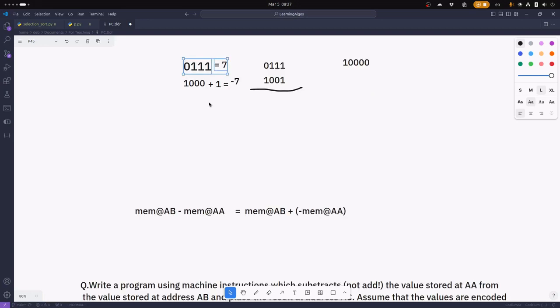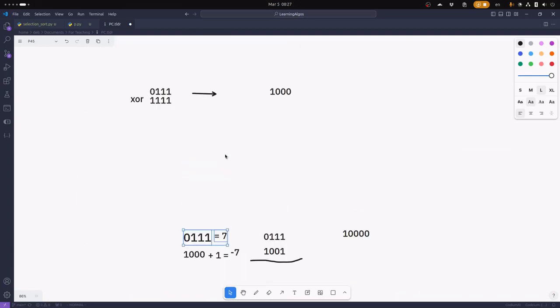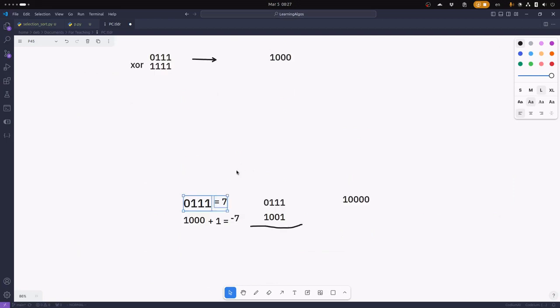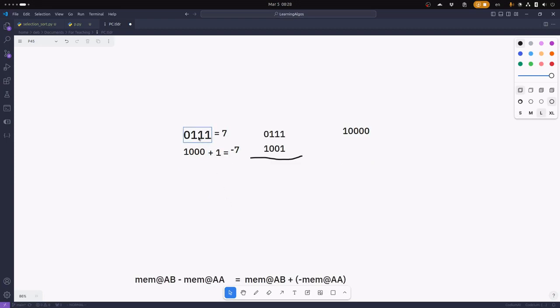Every memory cell can actually hold 8 bits of data, so everything will be in 8-bit, and if the number was 7, there would be four more zeros in front. But to keep this simple, we are using 4-bit here.